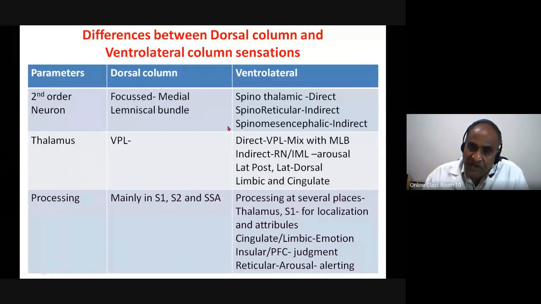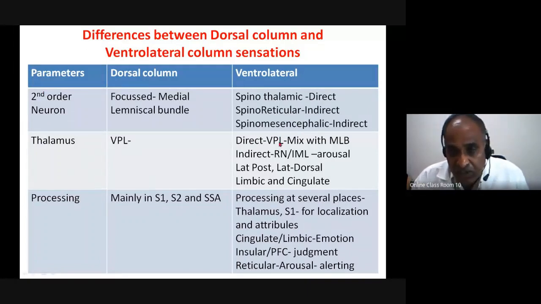One, primarily for the direct pathway, is the VPL. For the others it will involve the reticular nucleus, internal medullary lamina, lateral posterior nucleus, lateral dorsal nucleus, and even some part of the anterior nucleus. Here it's only VPL, very focused.